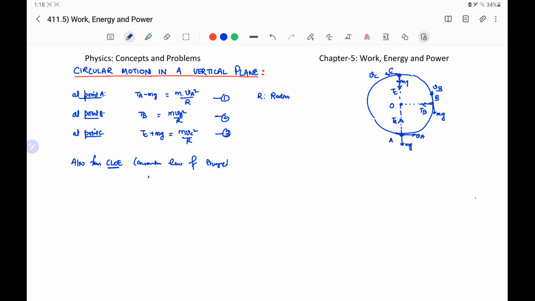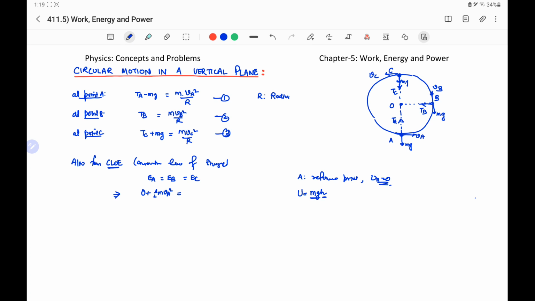Therefore, the energy at point A will be equal to the energy at point B, and it will be equal to the energy at point C. So if we consider A as the reference point where potential energy is 0, we can write 0 plus kinetic energy, half m Va square. It will be equal to, because the gravitational potential energy is written as mgh, where mg is the weight of the body and h is the height from the reference level.